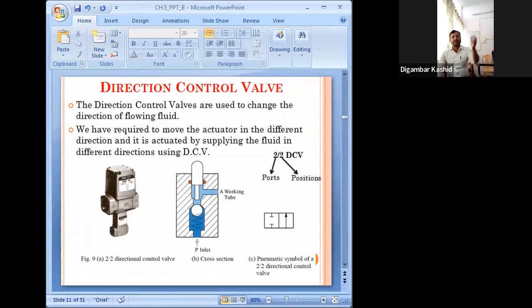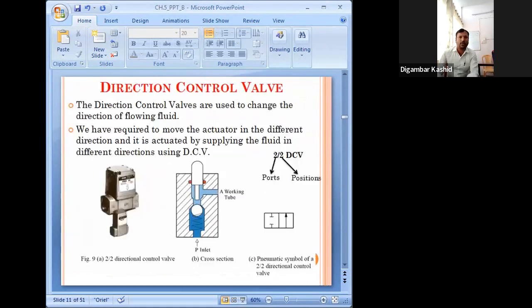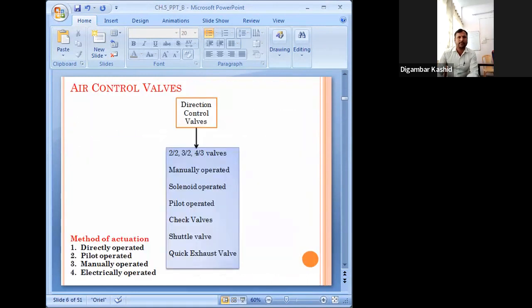Pilot means we have to take another valve's oil to operate. Manual means the mechanical, that is pedal, roller and push button. And electrical means the solenoid operated.